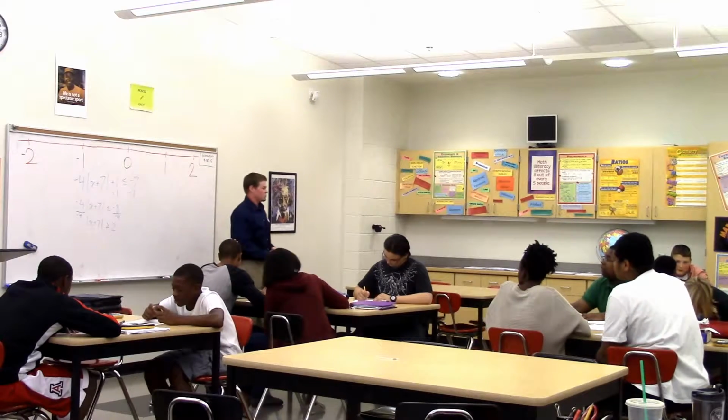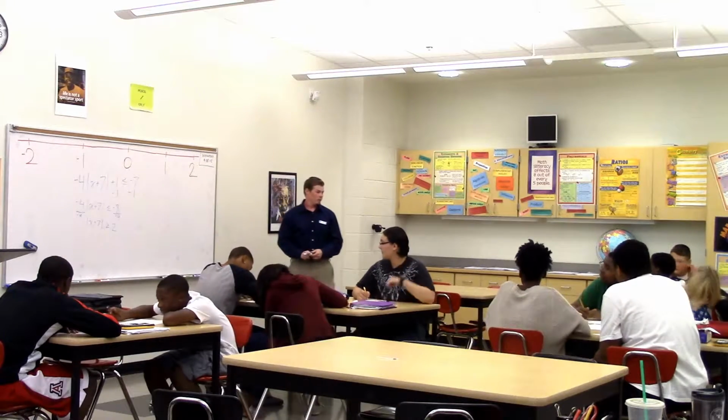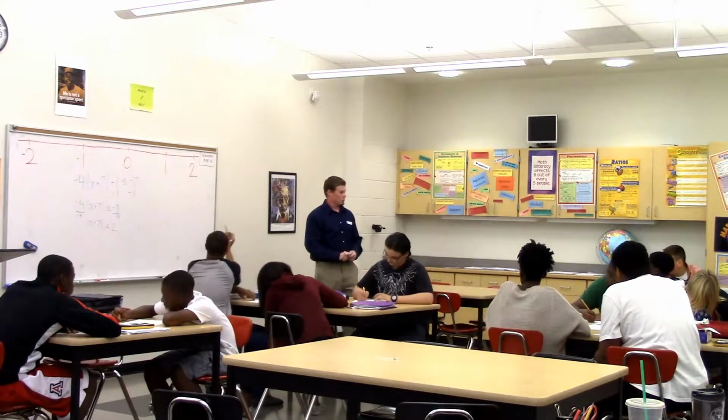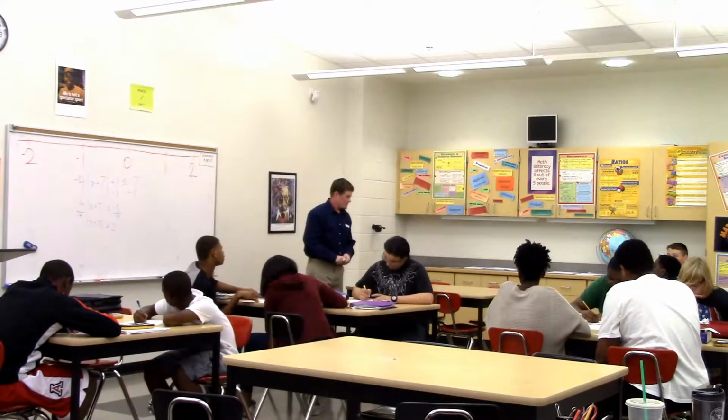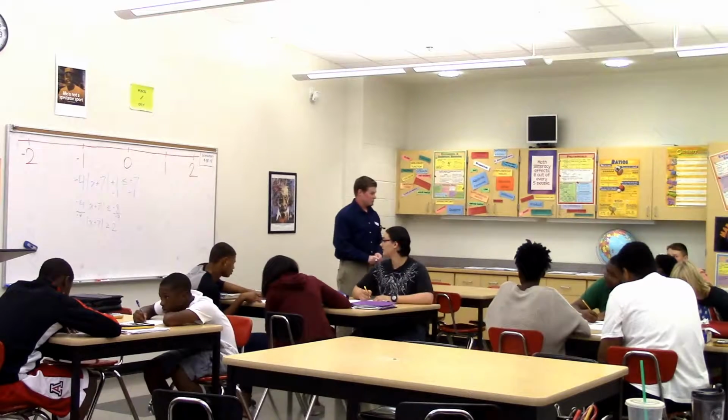You guys paying attention back here? So what do we do next? What we do next is that we add 7 to both sides. Do we have 7 on both sides?